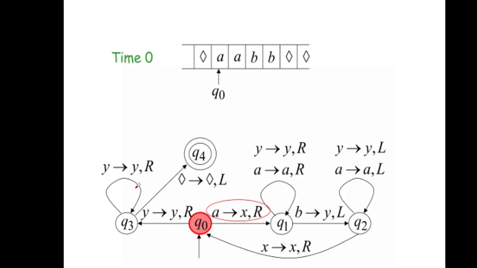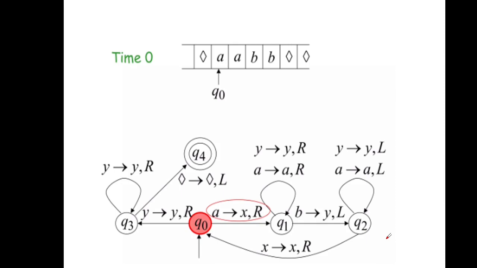Here Q0 is the current state. It takes the symbol A, moves and reaches Q1, and again it takes A. It forms a loop, and next it takes B and goes to Q2.